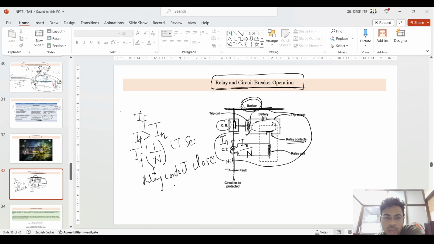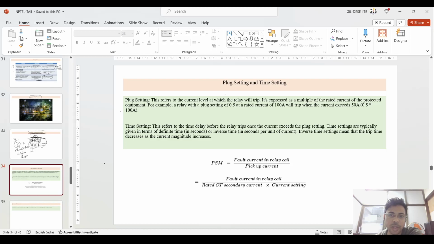Then the CT secondary will make the relay contact close, and the coil connected in this circuit gets magnetized, and by this magnetization it will make the circuit breaker open during the fault condition. This is the basic principle of operation of the relay and the circuit breaker.